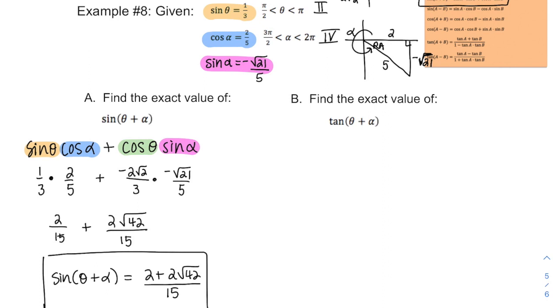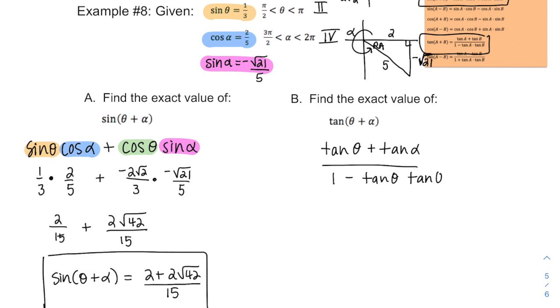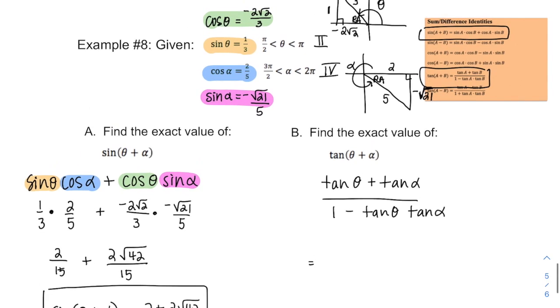For letter B, we're doing the same idea, only we're using tangent. So I'm going to start by expanding tan theta plus alpha. So that's the second to last one. It's going to be tan theta plus tan alpha all over 1 minus tan theta tan alpha. So now if I go up here, tan theta, I'm going to move my picture down.